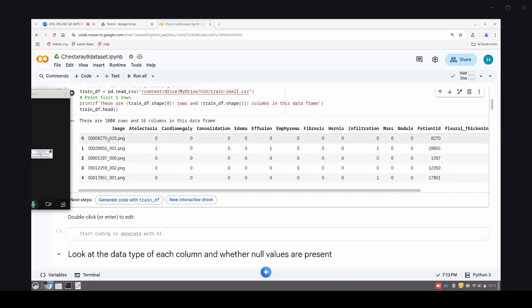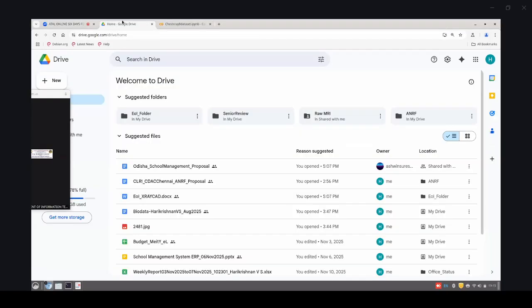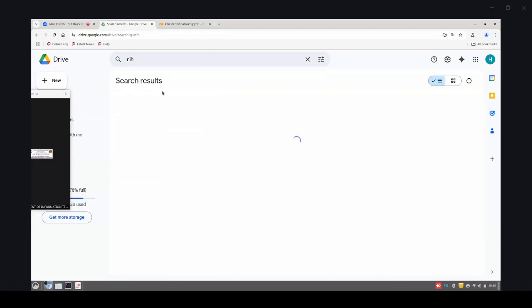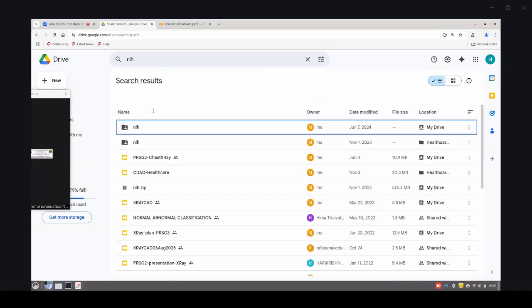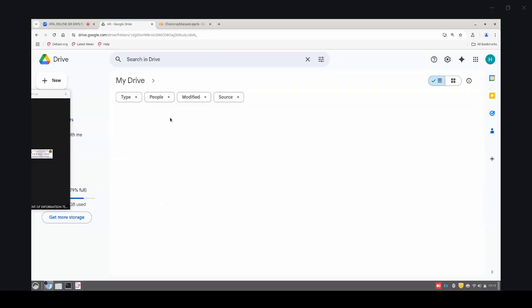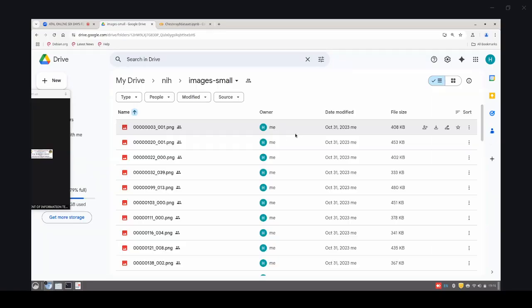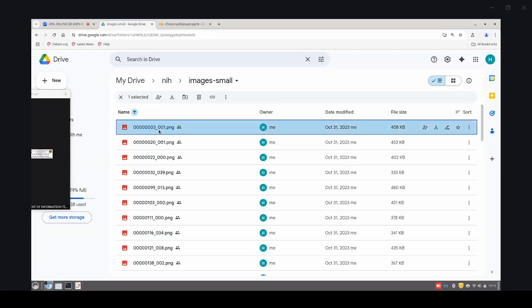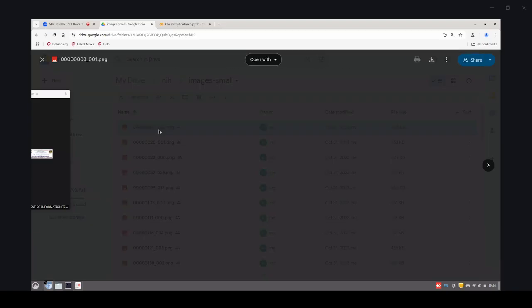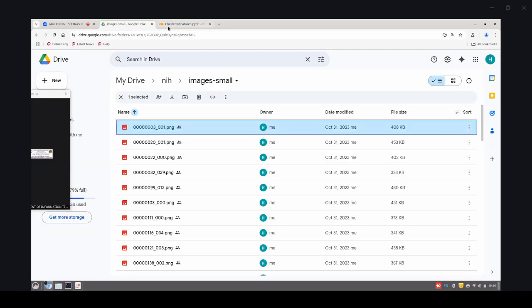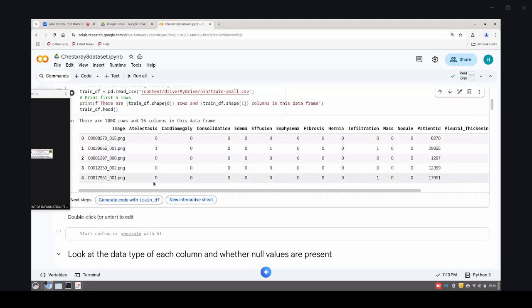I also have these images in my Google Drive folder NIH. If I go inside my Google Drive folder images, you can see there are so many X-ray images. These names only I have listed out in my CSV file, along with the associated diseases.